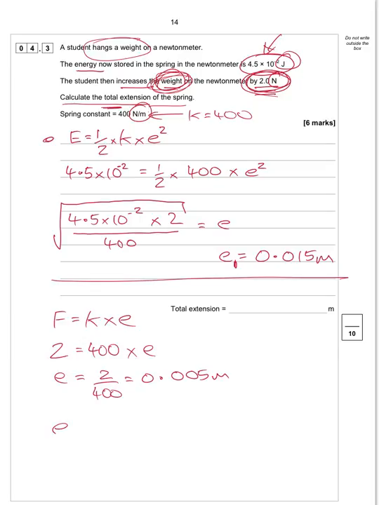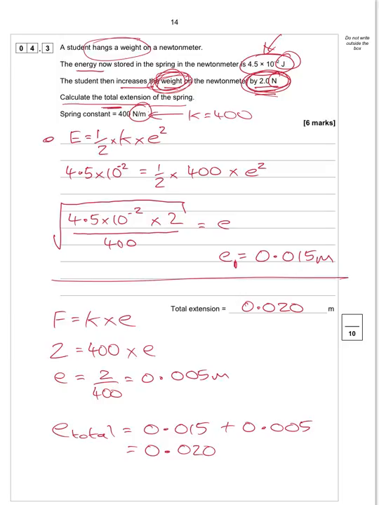And so my total extension is just going to be those 2 numbers added up together. 0.015 plus 0.005 comes out to be 0.020 meters.